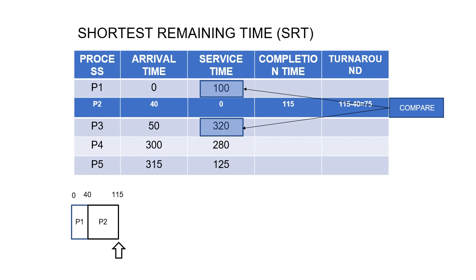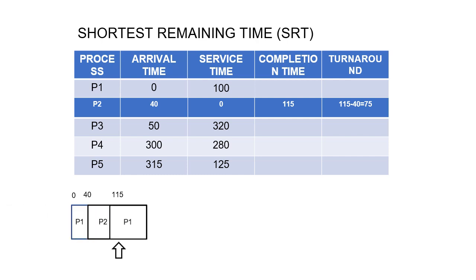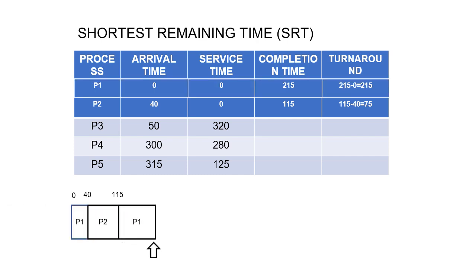The operating system then compares the remaining time between P1 and P3. P1 has the shorter remaining time, so it executes first. The completion time is at 215 seconds, and the turnaround time is 215 seconds.